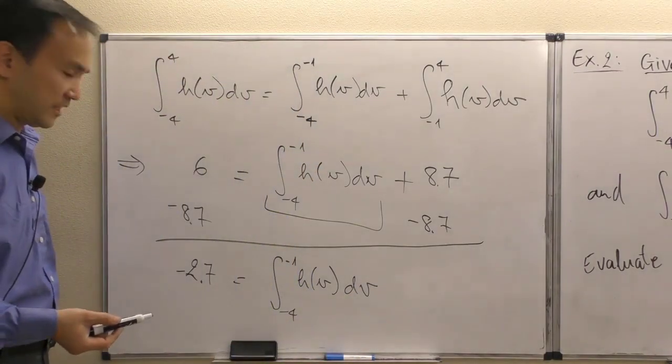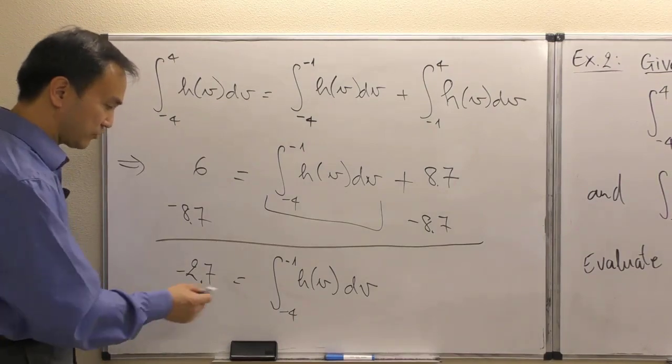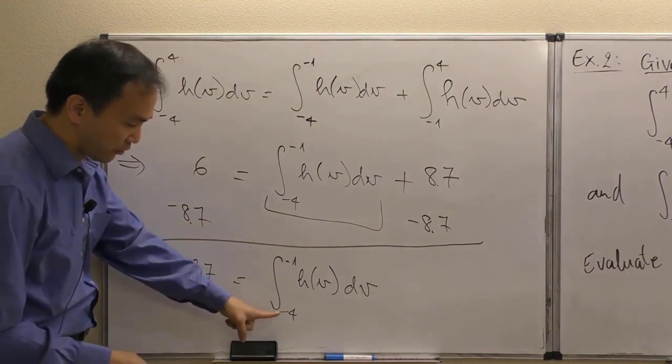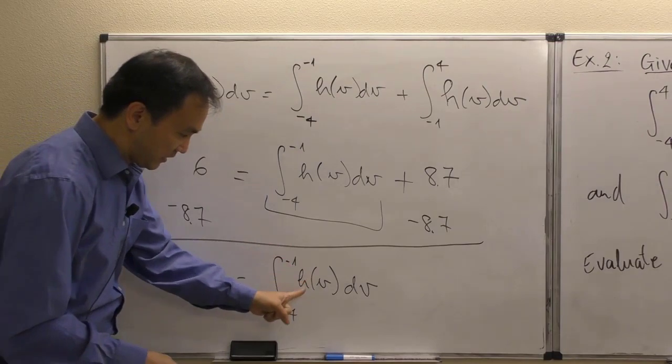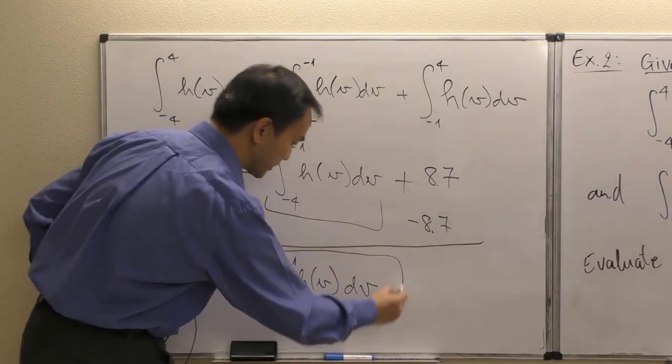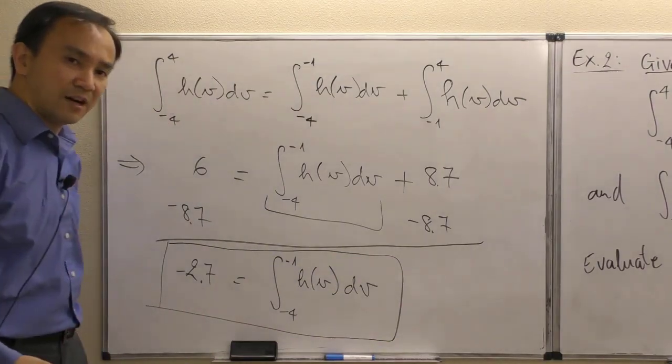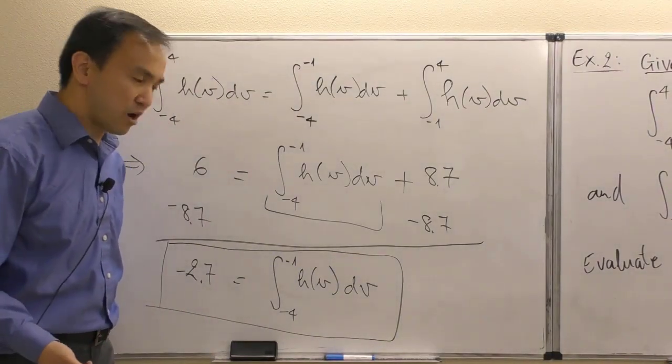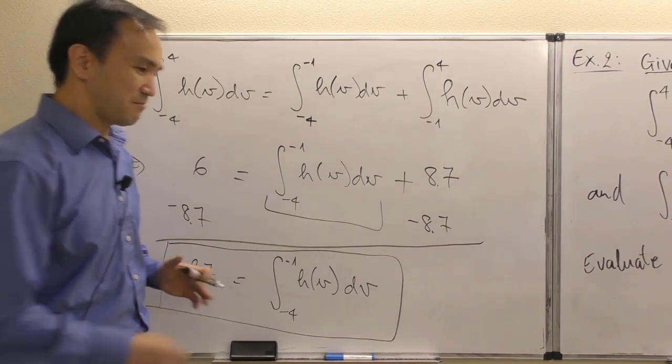All right, and so that's how we found the answer. To make it a little easier, you can write the integral from -4 to -1 of h of v dv equals minus 2.7. But that's how we are done with our problem. So we utilized directly that property that we've learned earlier.